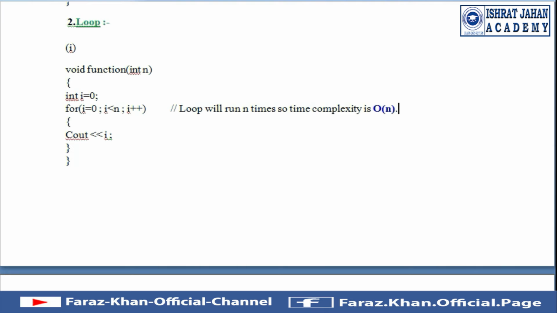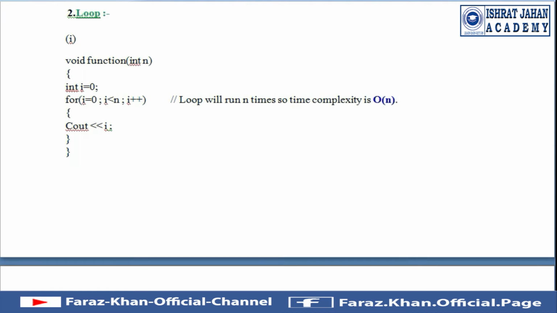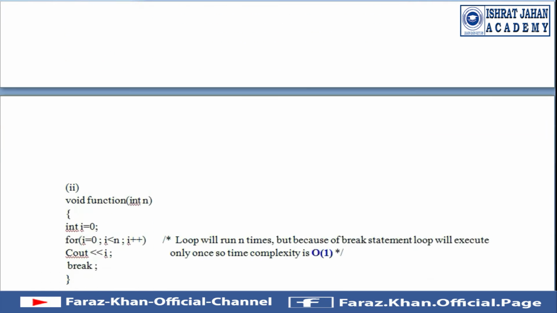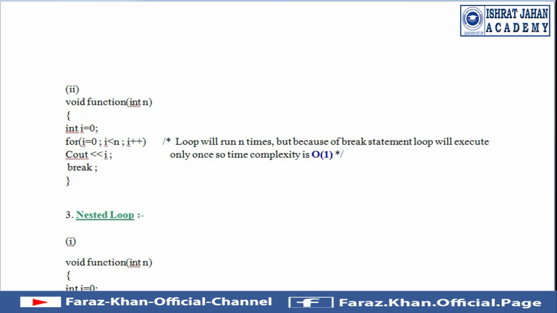Let's take another example of a loop. Here you can see that this loop will also run n times, right? And just after the loop, I have used a break statement. What does that mean?